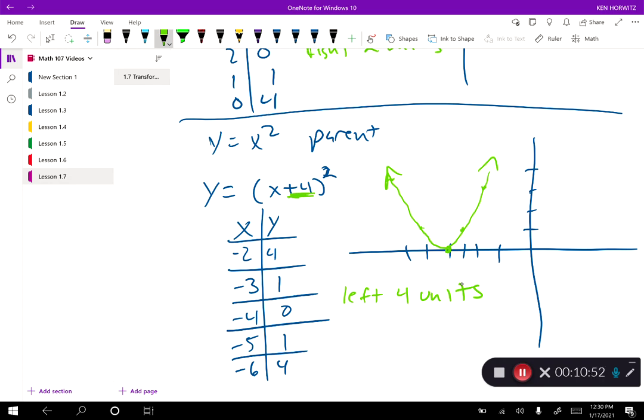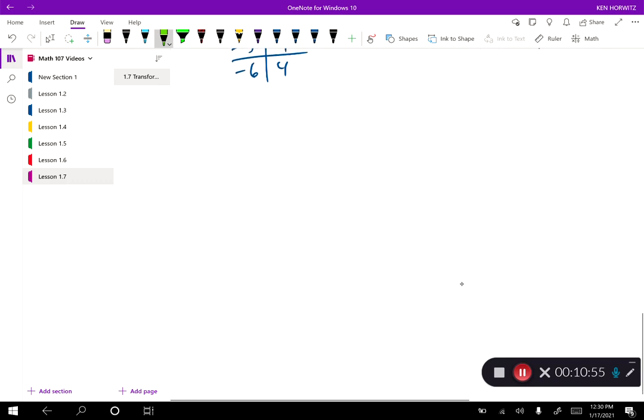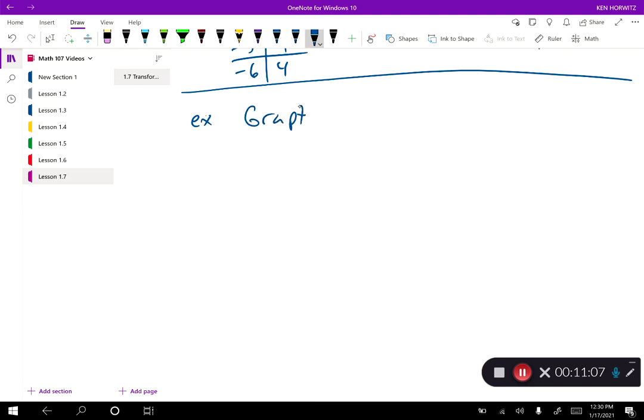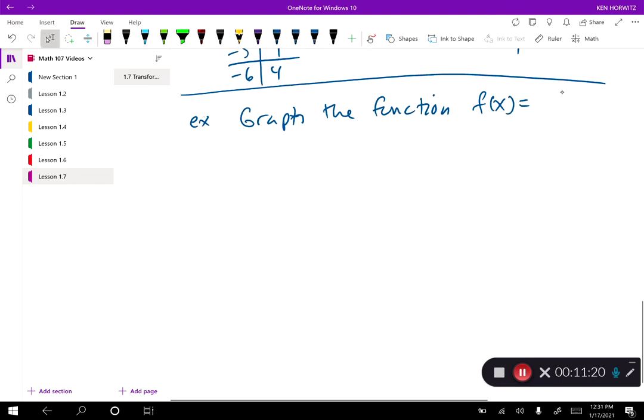All right. So while these are great in a vacuum and they seem fairly easy, I would say a fairly easy quiz question I could give you would be, graph the function f of x equals x plus 3 squared minus 5.